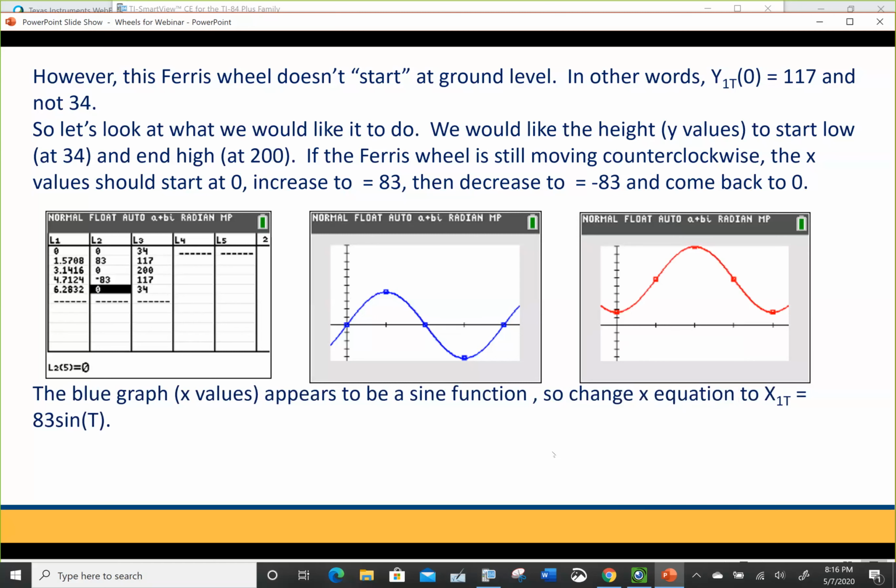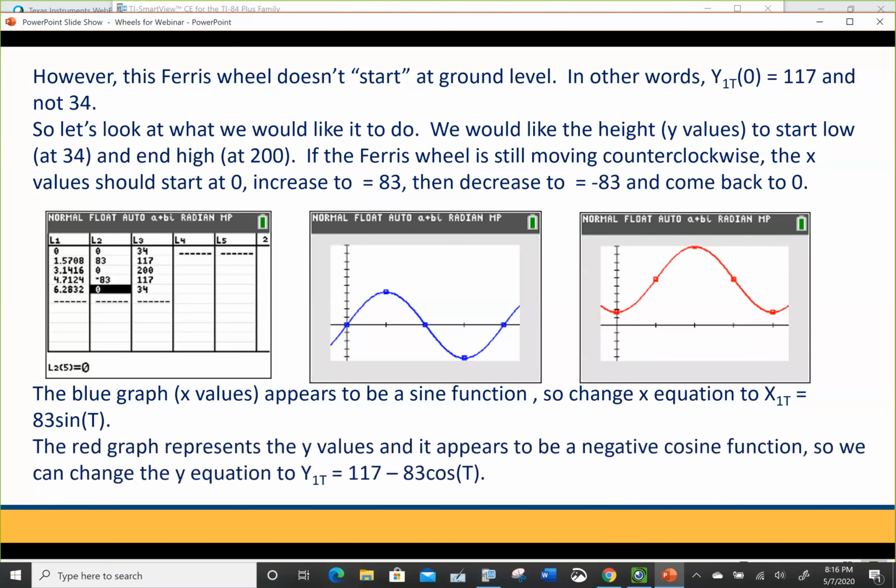And to me, that looks like a negative cosine function. So the red graph is going to change equations to 117 minus 83 cosine t. Now, let's change that on our equations.